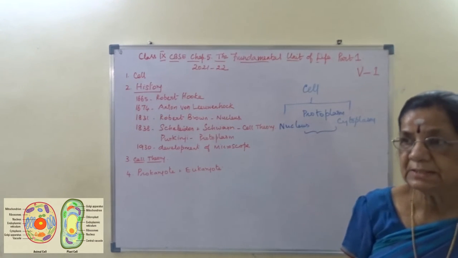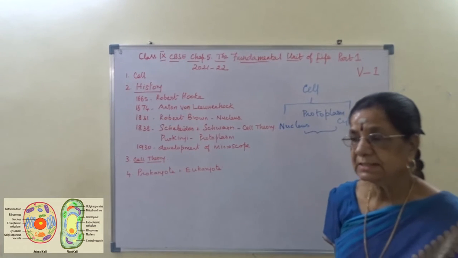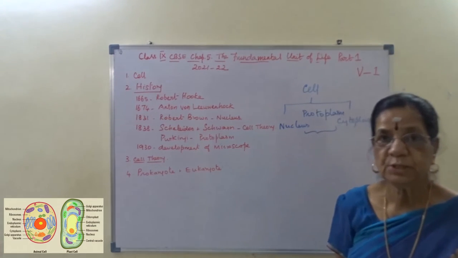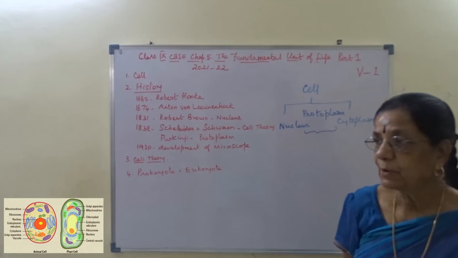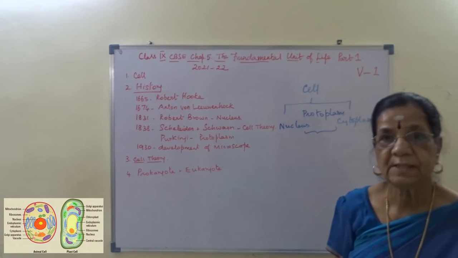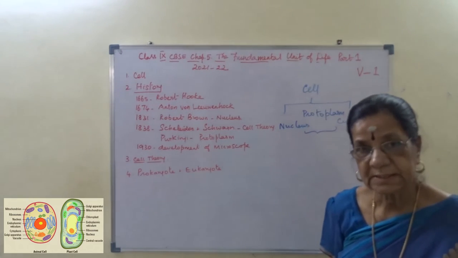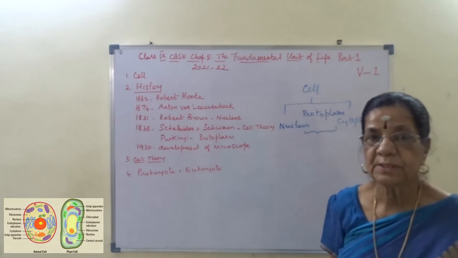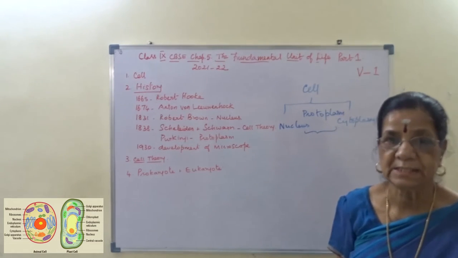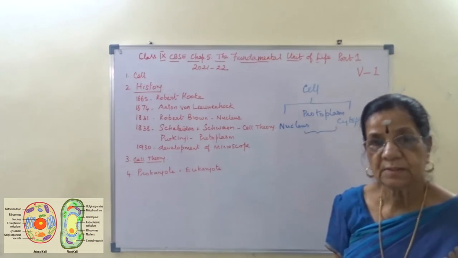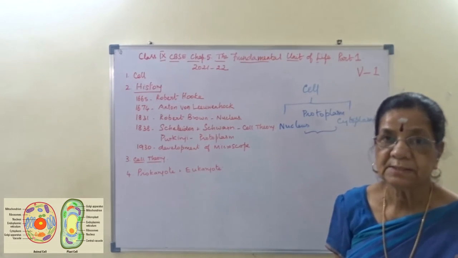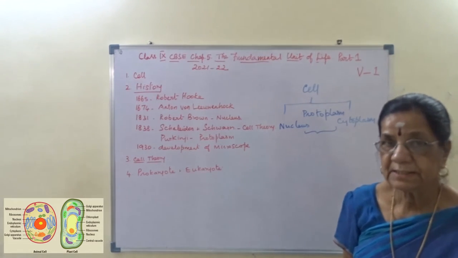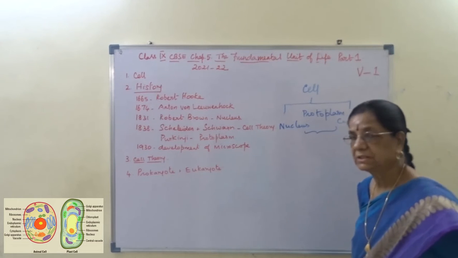Cell theory states that cells are the basic unit of life, forming the structural and functional unit of an organism, and they are formed from pre-existing cells. You have already learned this; I am just recollecting it as an introduction.